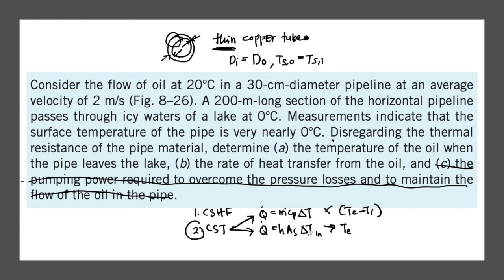Can we solve delta T log mean? Yes. T exit can be calculated by using the equation. So now what we have to do is find the delta T log mean.